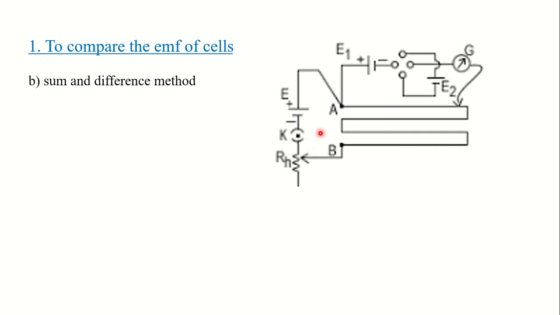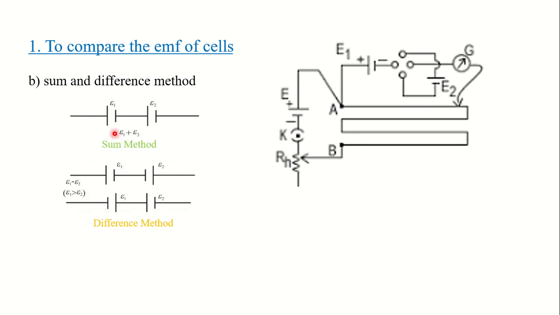Now here on the right hand side, you are connecting two cells together. It is not separately connected. It is connected together. So first we will connect the two cells in such a way that both the cells are assisting each other.